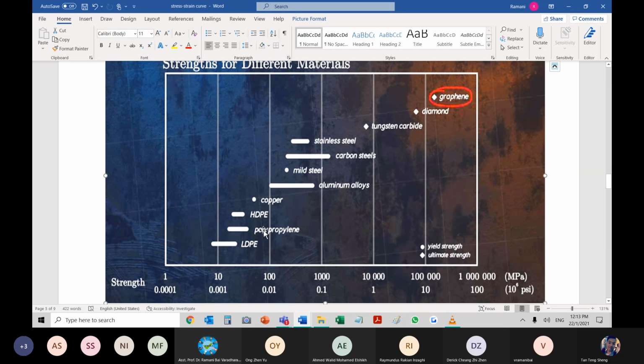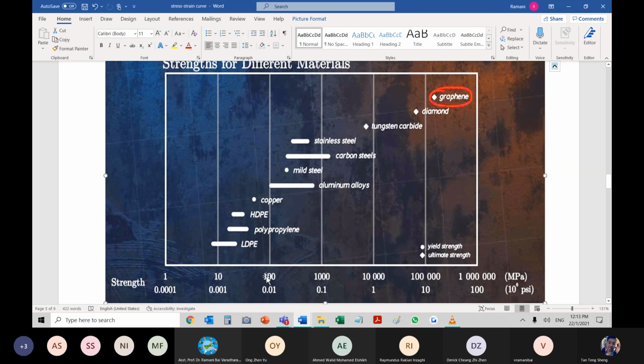Polypropylene is up to 50 megapascals, 50 into 10 power 6 Newton per meter square it can bear. Copper is a little bit higher, about 80 megapascals. Aluminium, about how much? Anybody? I just want to see whether you are working or not. Aluminium can go in a range because of the material mixing.